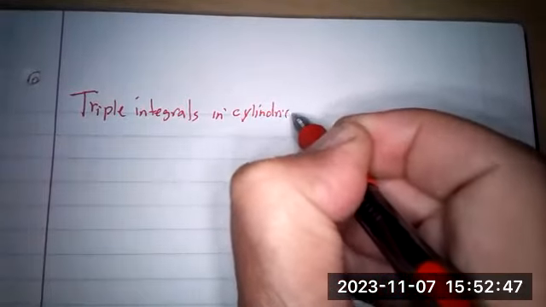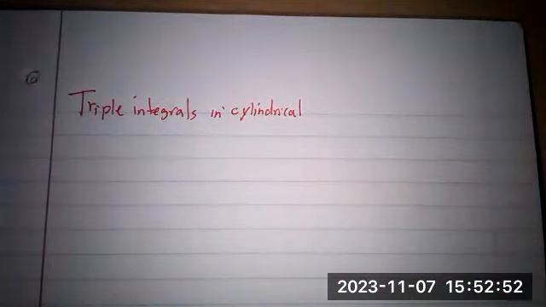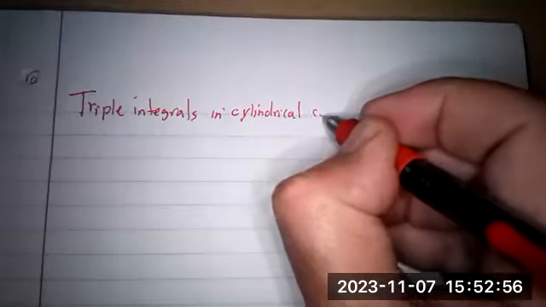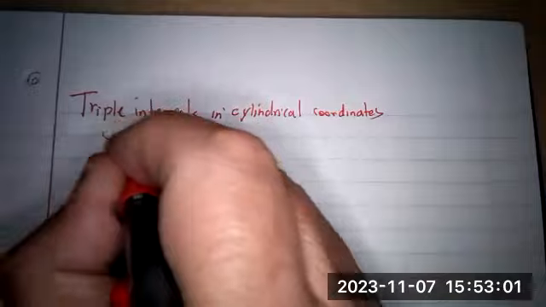From now on, sometimes they give you instruction, or sometimes you see it yourself that it's easier to change it to cylindrical coordinates, but we usually ask you to do it.